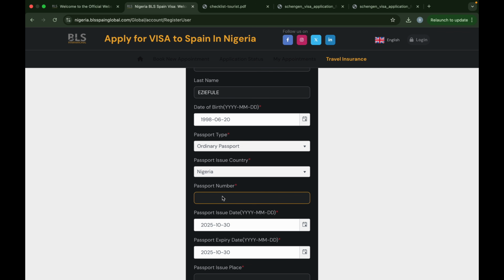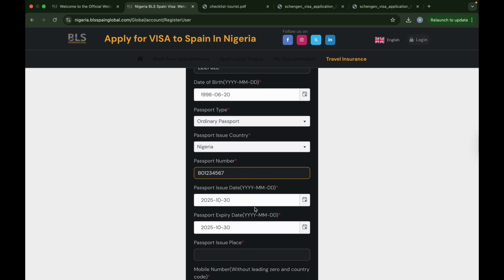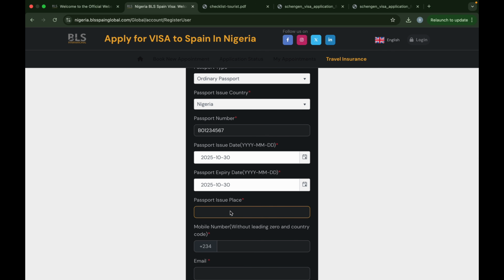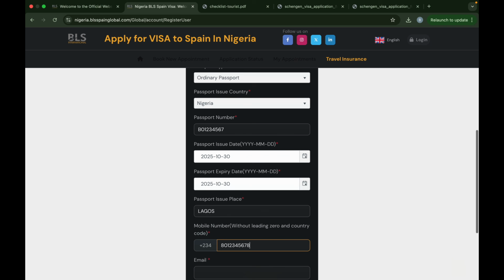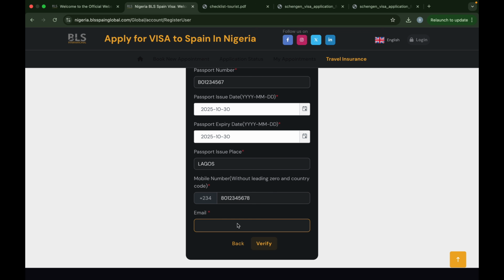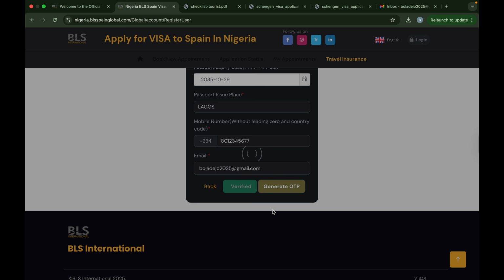Selected passport number B01201234567, and that's about it. Place of issue Lagos. Phone number 8012345678. Email address is bioladejo2025@gmail.com.